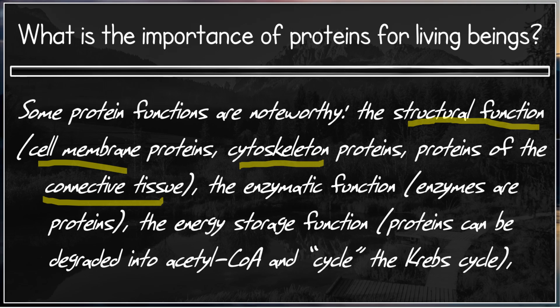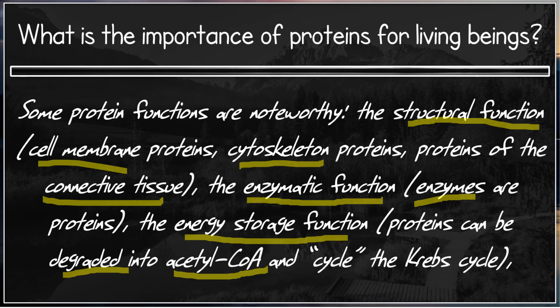There are others that have enzymatic functions. Enzymes are proteins in nature. Then others have the energy storage function. The proteins can be degraded into acetyl-CoA and enter the Krebs cycle.